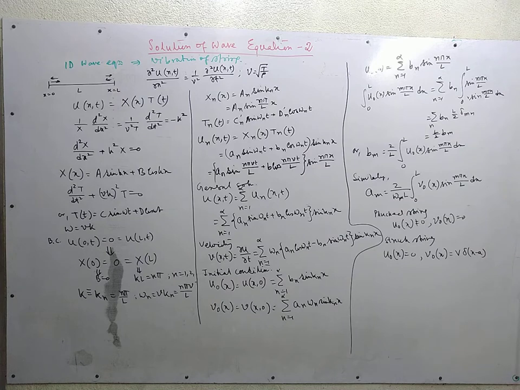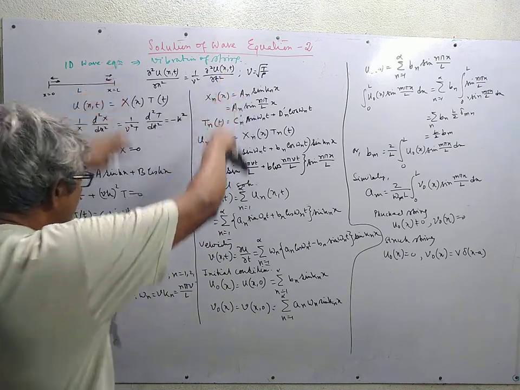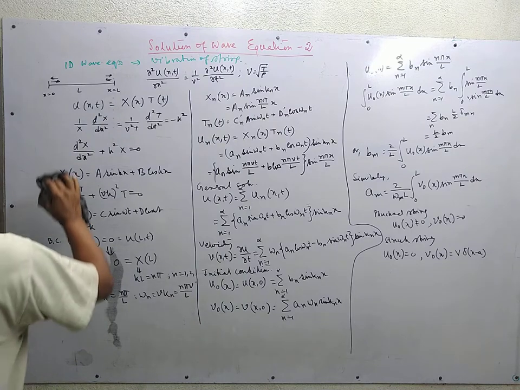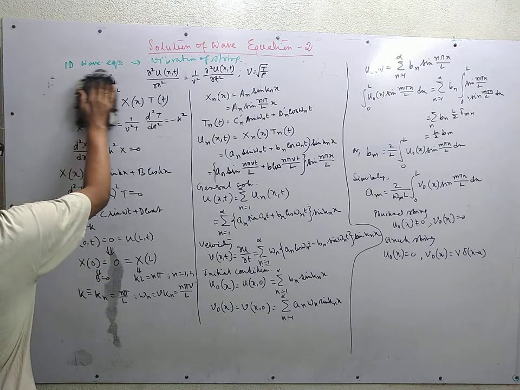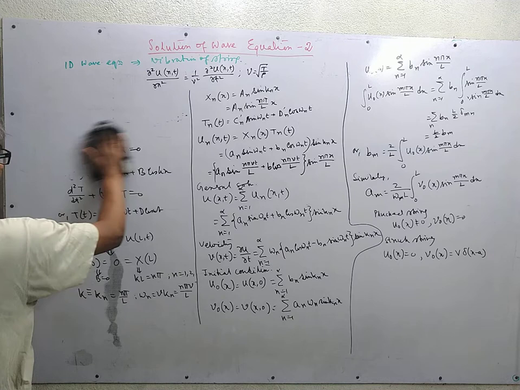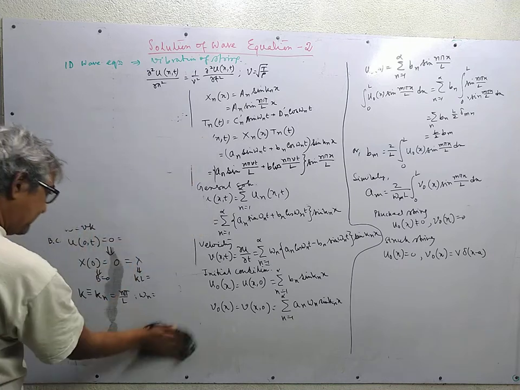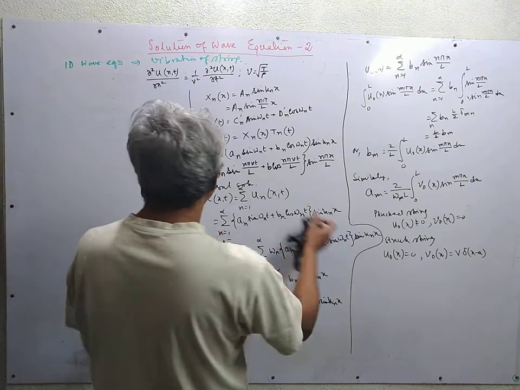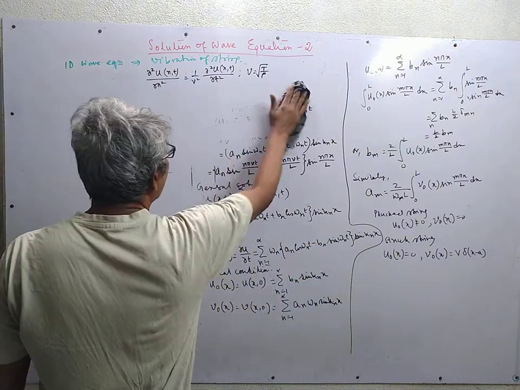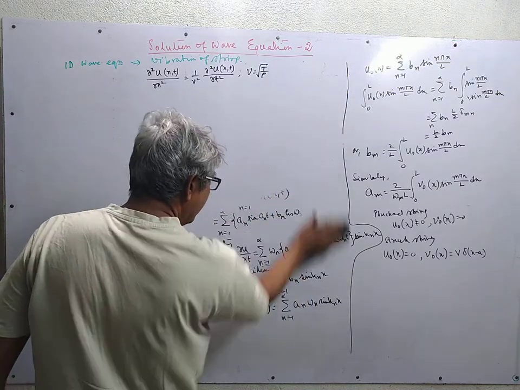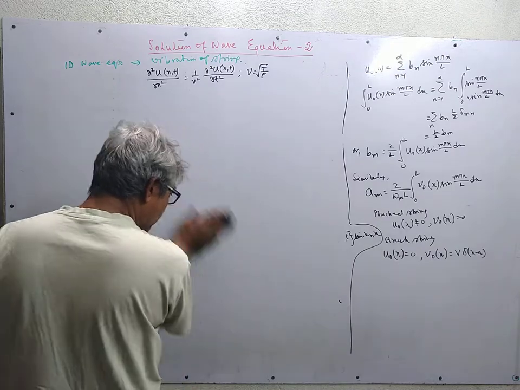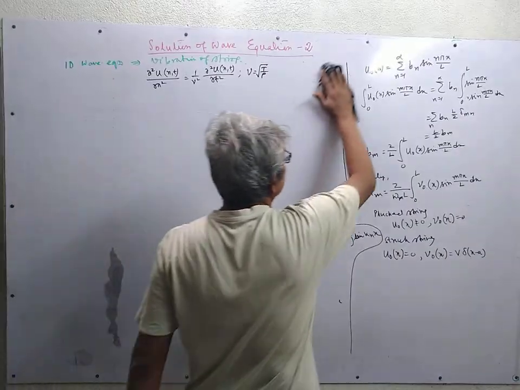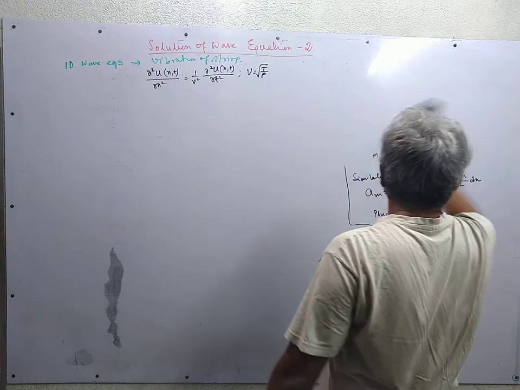Up till now, we have solved the one-dimensional wave equation by using the separation of variables technique. There is another very convenient way of solving this differential equation and getting at the solution, which can be obtained from d'Alembert's method of solving the one-dimensional wave equation.